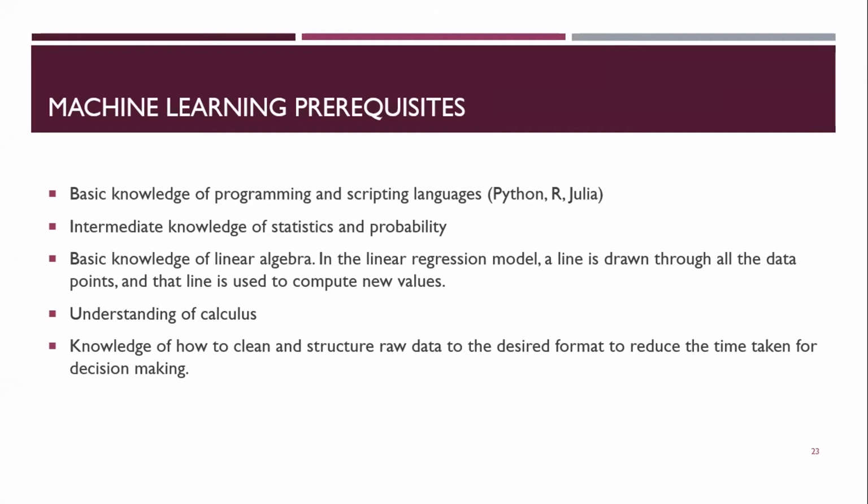So you should understand some algebra and calculus. And aside from the mathematics, you should have the skills to work with data. And with all this, there are a lot of resources available for you to learn from scratch to become a very good machine learning expert.